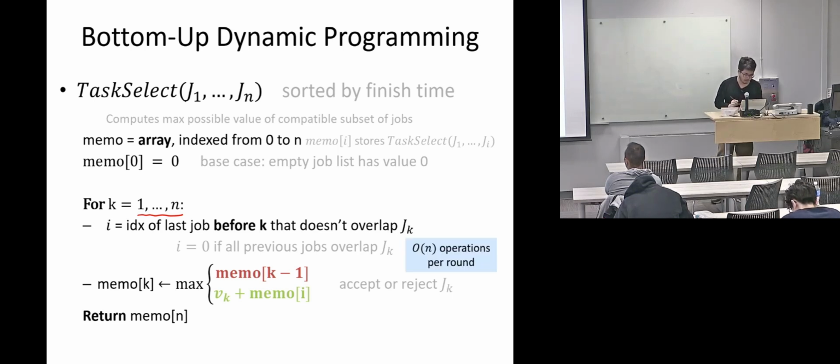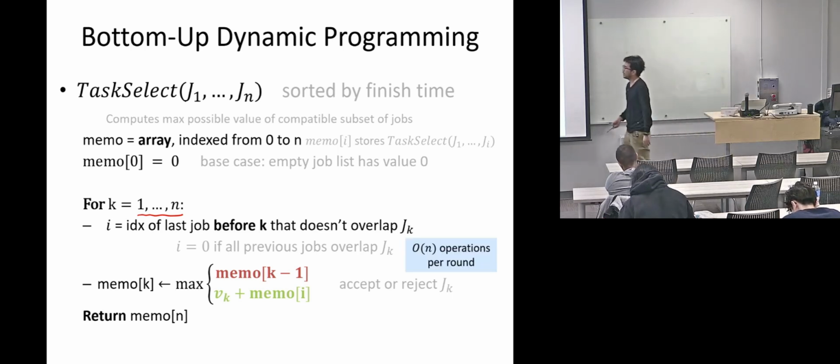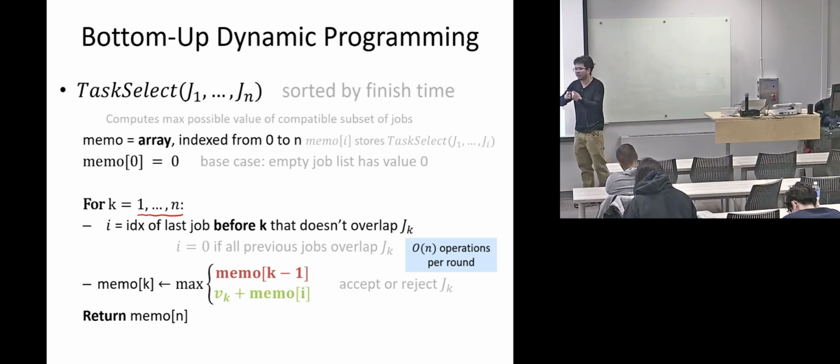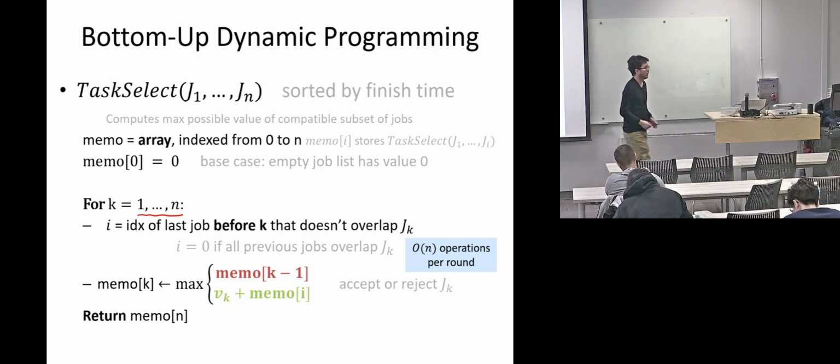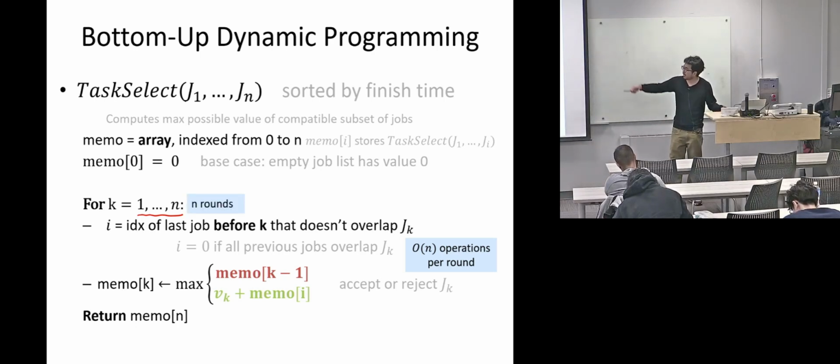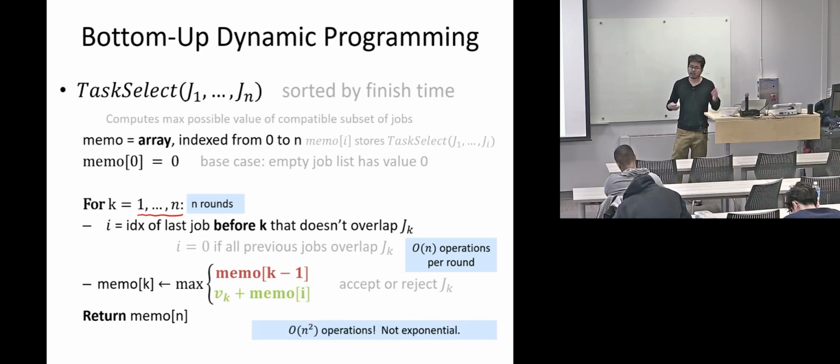To compute i, you can do it trivially by scanning through all the jobs before k and checking which one doesn't overlap with k. That takes O(n) time, and there are n rounds of the loop. So that gives you n squared operations. It's not exponential anymore.